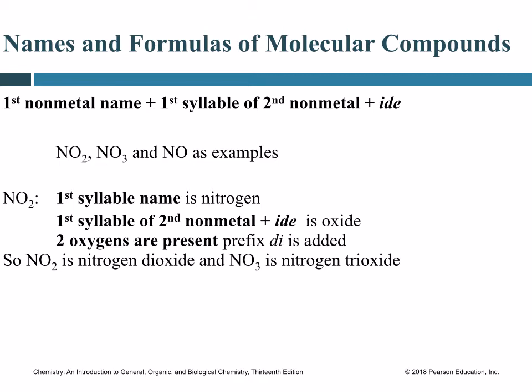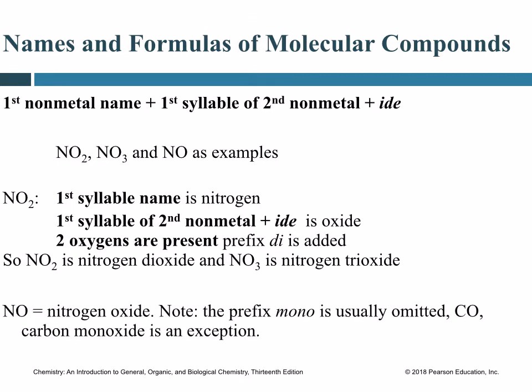Following the same rules, NO3 is nitrogen trioxide. When there is only one atom, the prefix mono is usually omitted, so NO is nitrogen oxide. One exception to this rule is carbon monoxide, which still uses the prefix mono.